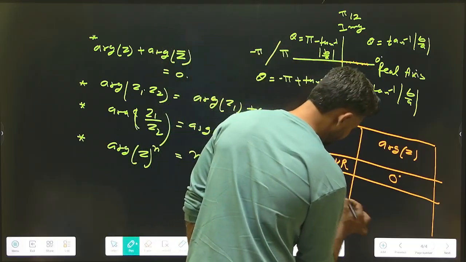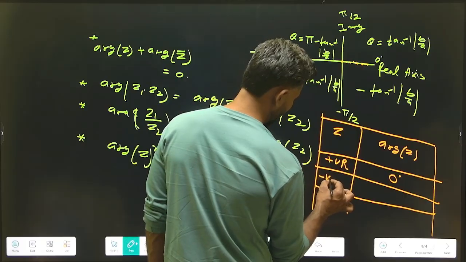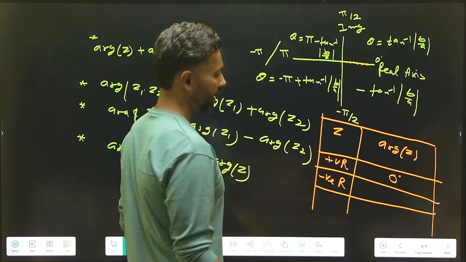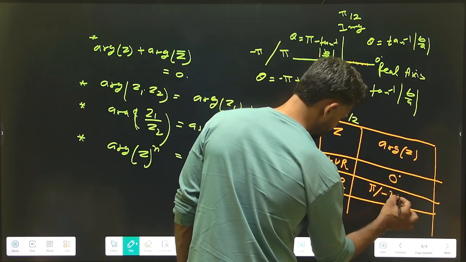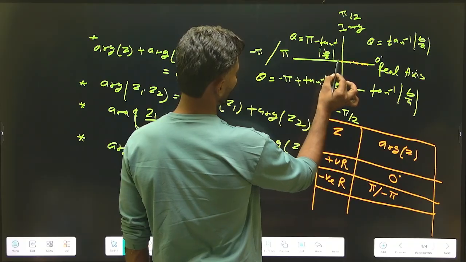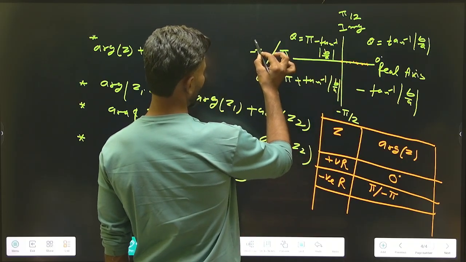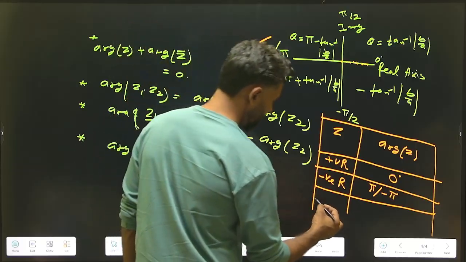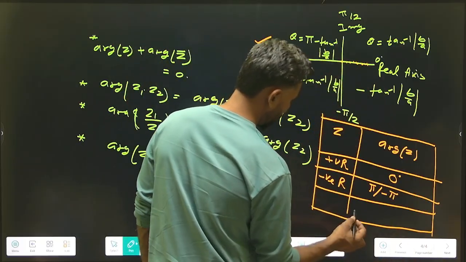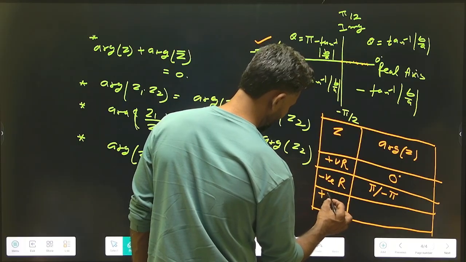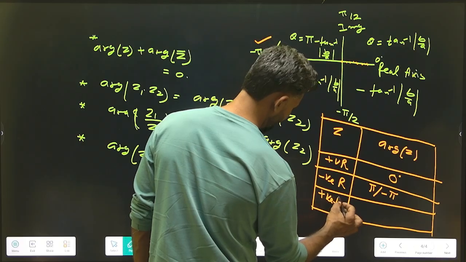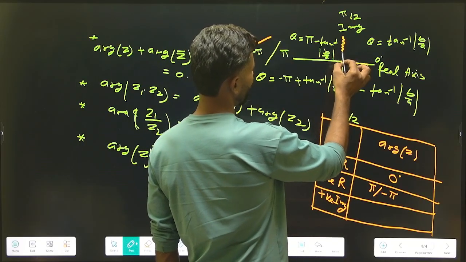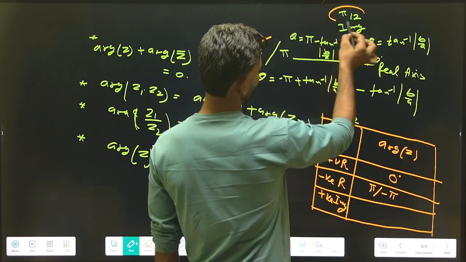In the same way, if it is a negative real number, then the argument can be pi or minus pi, because all the negative real numbers will be represented on this particular line, and here you can see that the argument is pi or minus pi. In the same way, if the complex number is purely imaginary and positive, all the positive imaginary numbers will be represented here, and here you can see the angle, this is pi by 2.